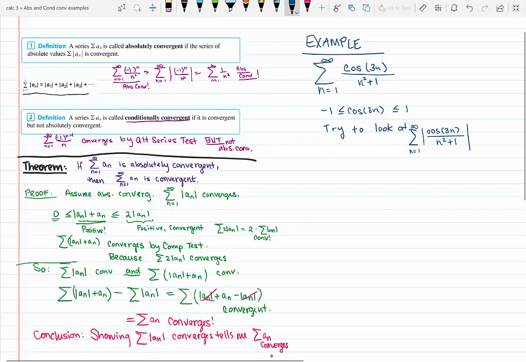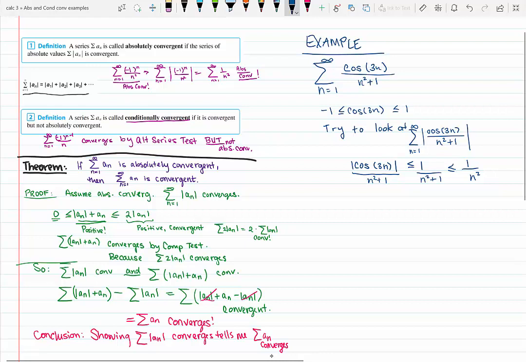Now I can do this via the comparison test, because the absolute value of cosine of 3n is less than or equal to 1, and therefore the absolute value of cosine of 3n over n squared plus 1 is less than or equal to 1 over n squared plus 1, and then I can bound that above by further shrinking the denominator with 1 over n squared.